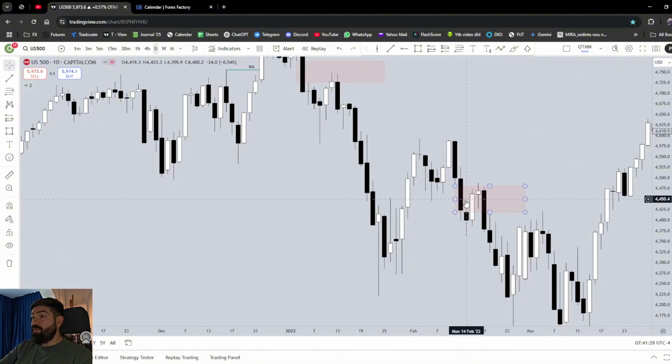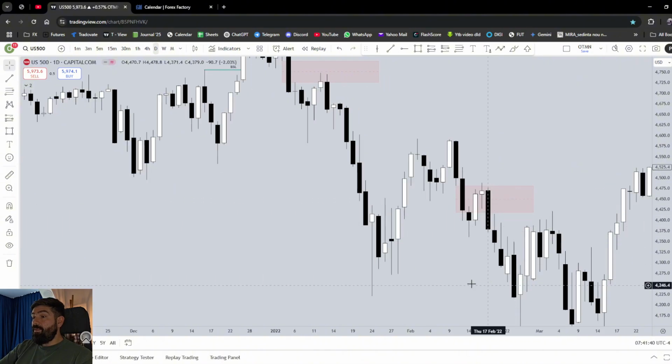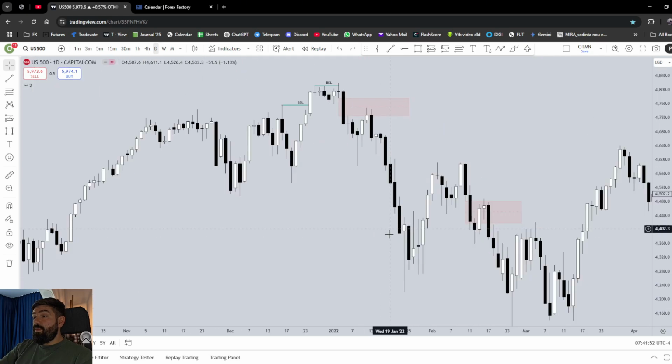Price reacts, it leaves the fair value gap and takes out this swing low. So you need some context in order to mark out properly all the fair value gaps that are important, because we have lots of candles that have gaps, but not all of them are fair value gaps or valid fair value gaps. At least this is what I understand.